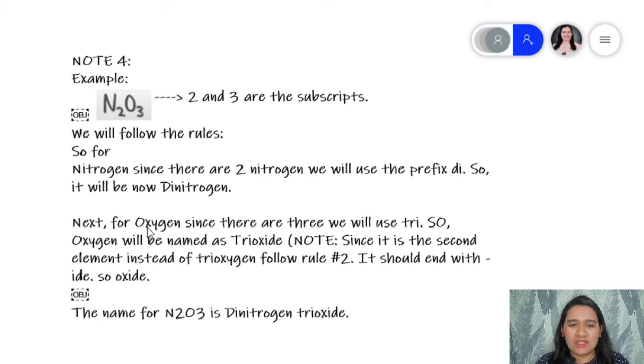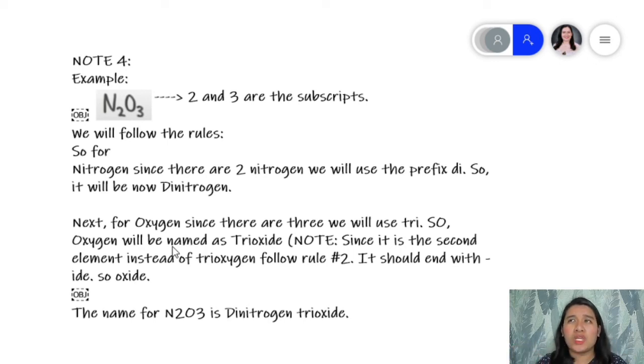Next, for oxygen, since there are three, we will use tri. So oxygen will be named as trioxide. Now take note, since it is the second element, instead of trioxygen, we will follow rule number 2. It should end with IDE, or oxide. We will not use oxygen since they are already bonded.